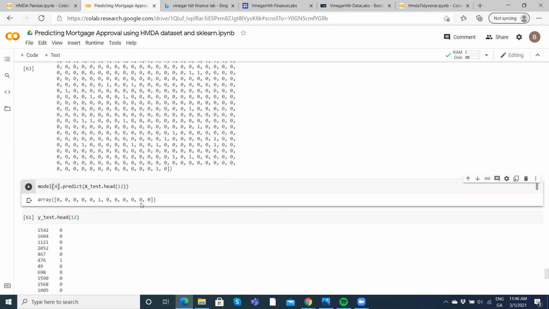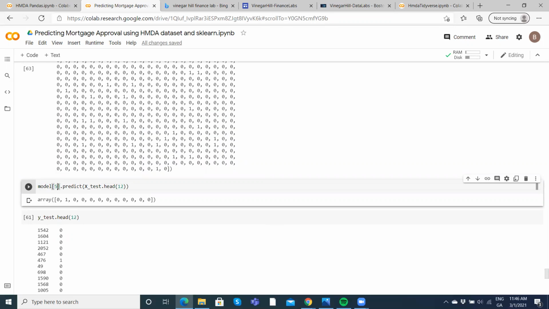What about applicant 12 who was actually denied? Model 4 is not picking that up. What about model 5, which I think is the tree classifier, not the random forest, the tree classifier? It inappropriately picks up the second applicant, and it misses the 6th applicant and the 12th applicant.